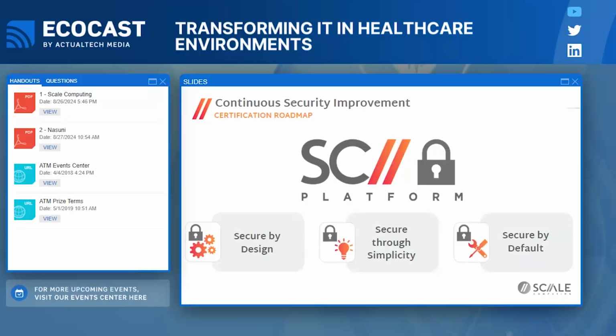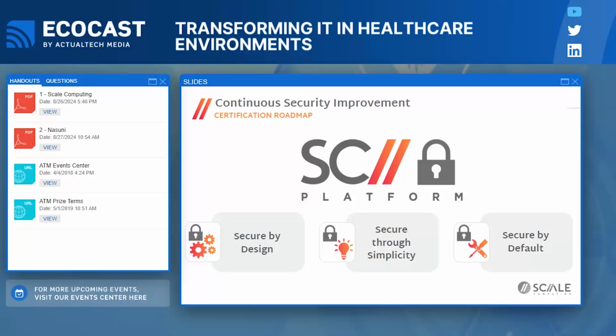Now, our roadmap is very critical to where the security stance will go and be maintained. Scale Computing is reinforcing this with its commitment to top-tier security standards with some milestones that are on our horizon. Later this year, we're going to share the results of our SOC 2 Type 2 audit and ensure that data management continues to meet the high standards of privacy and security.